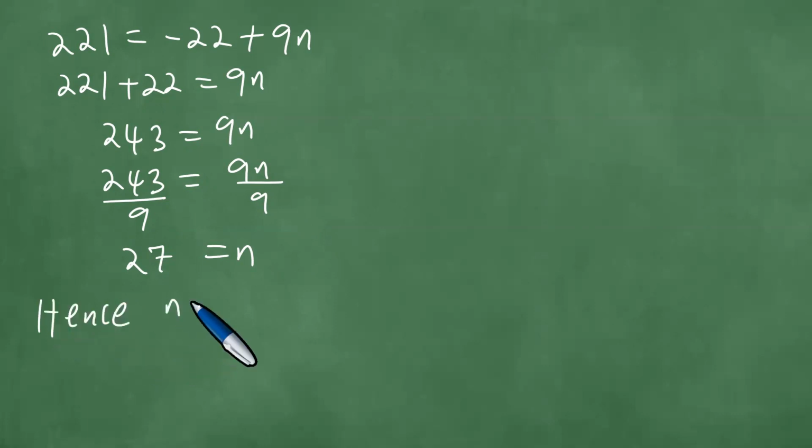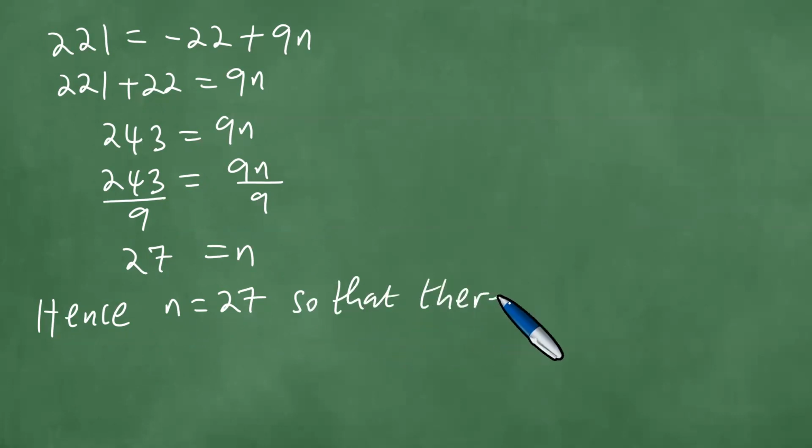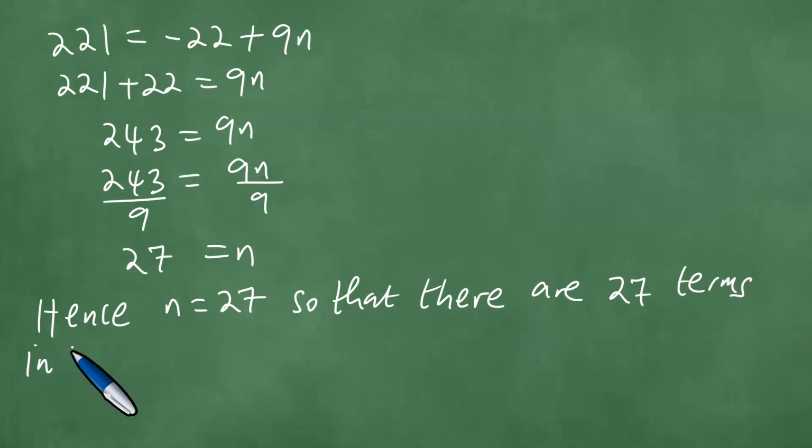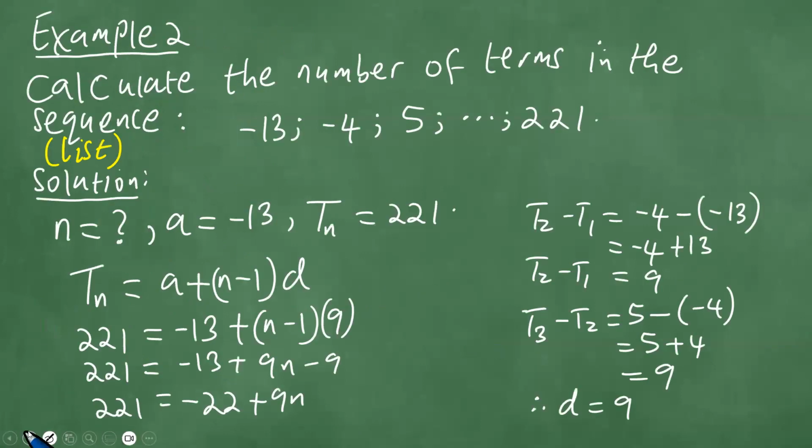Hence, n is 27. The question was to determine the number of terms, so there are 27 terms in the sequence.